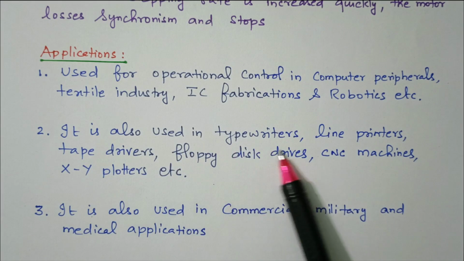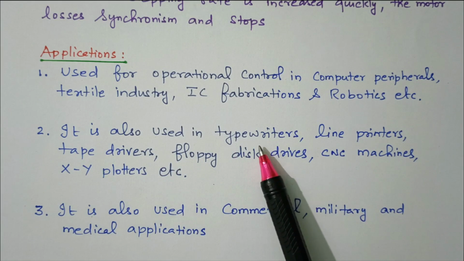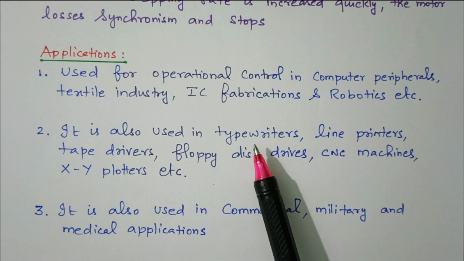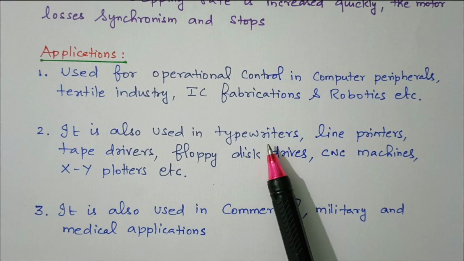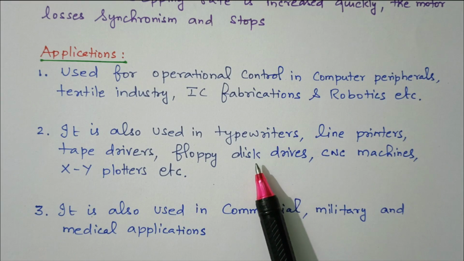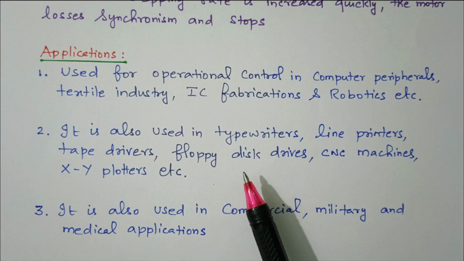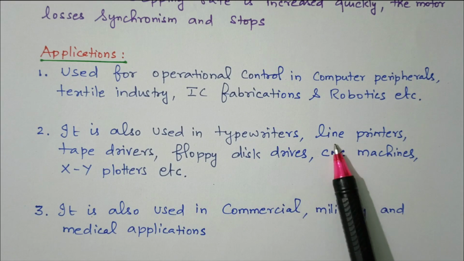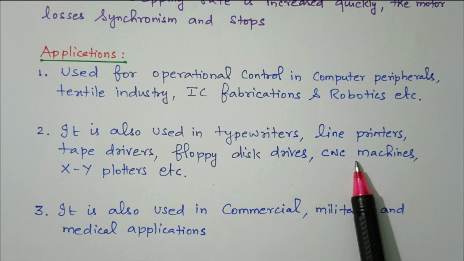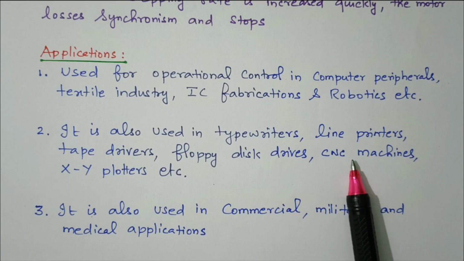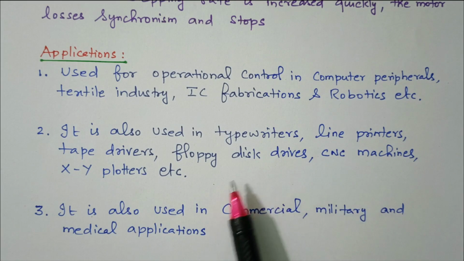In all these applications there is step-by-step movement. In a typewriter, while writing each letter it moves to the next position, and after completing one line it goes to the next line. Similarly in line printers and CNC machines, step-by-step movement is needed: forward, reverse, right side, left side, forward rotation, reverse rotation.